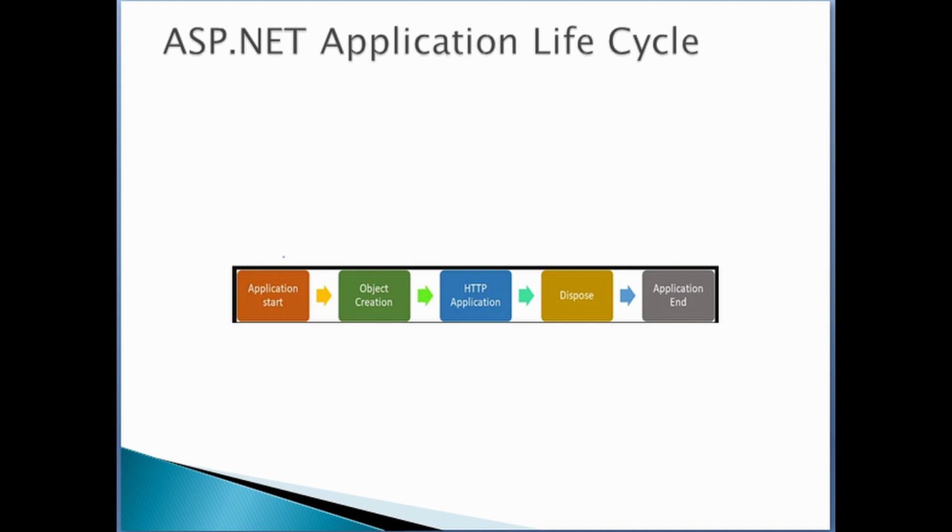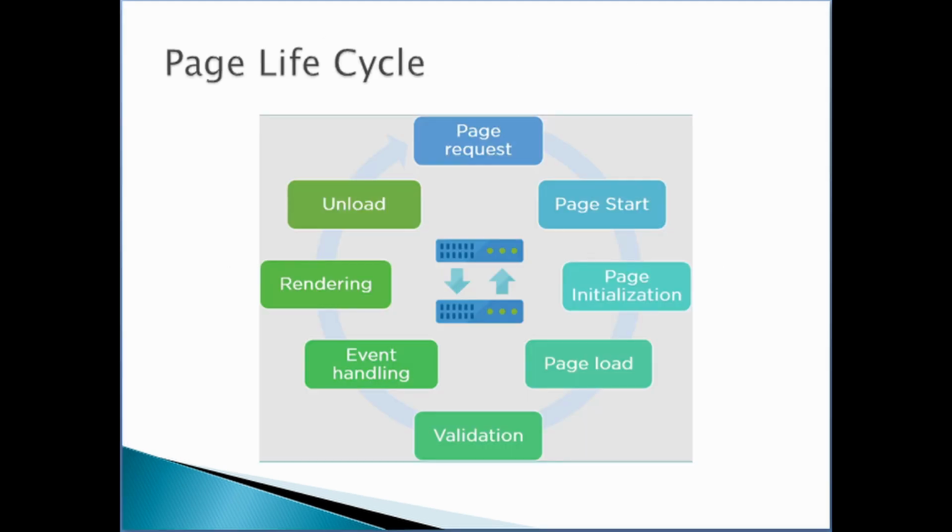Okay, next we can see the page lifecycle. So see here in the diagram, the ASP.NET page lifecycle has certain phases which help in writing custom controls and initializing the application.